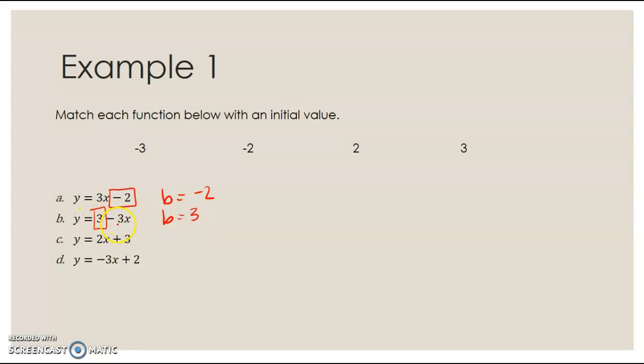And I know this one's in a different form, looks different, but if we remember the commutative property, y equals 3 minus 3x is the same as y equals -3x plus 3. So keeping in mind that our signs move with our numbers. So b has an initial value of 3. C has an initial value of 3. So our initial value here is 3. Our D initial value is 2.